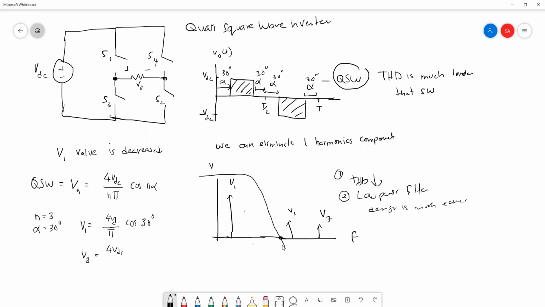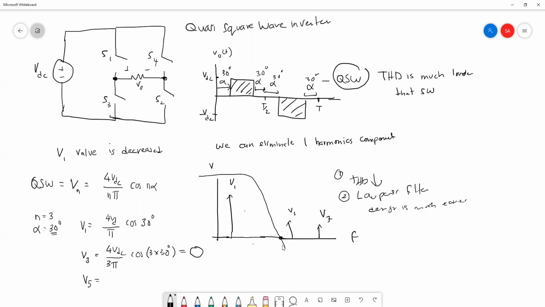And for V3, it is 4 VDC over 3 pi cos of 3 multiplied by 30 degrees, so this should be 0. That's why when we select 30 degrees, your harmonic number 3 will be eliminated. And so on also for V5.